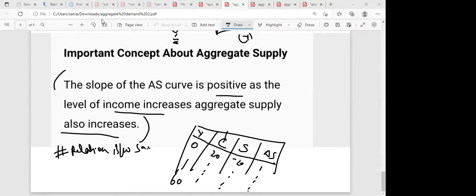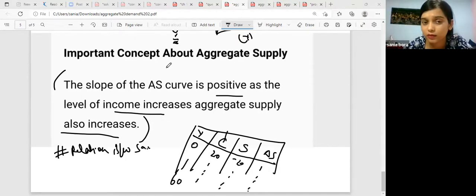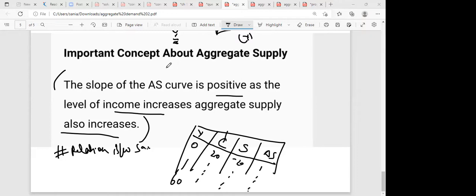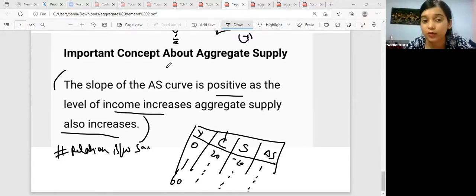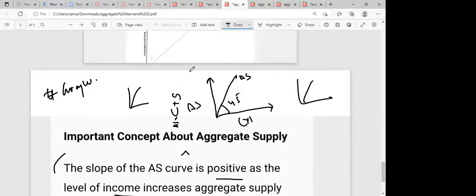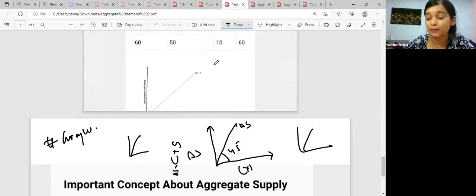First chapter of what? Ma'am, money and banking. Okay, they taught you quantitative and qualitative. Yes, ma'am. So we have done that, na? No, ma'am. No, we have done that. Bank rate, repo rate.